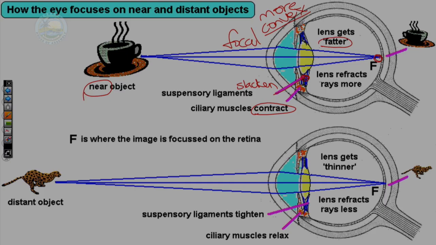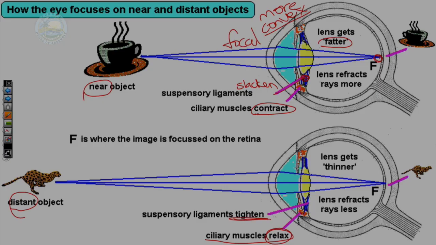On the flip side, when you look at something far away, so you're seeing the cheetah or the animal, the dog, coming at you from a distance, how does the eye accommodate for that distance? The light is coming in from a far distance, so what you want is for the light not to bend too much, otherwise the image will form before the retina. So how do we get that done? It has to be the opposite of what happens when you're looking near. The ciliary muscles are going to relax, so here are the muscles relaxing, and the suspensory ligaments are going to tighten.